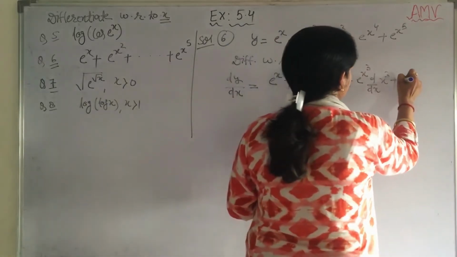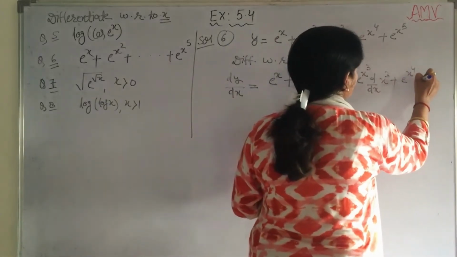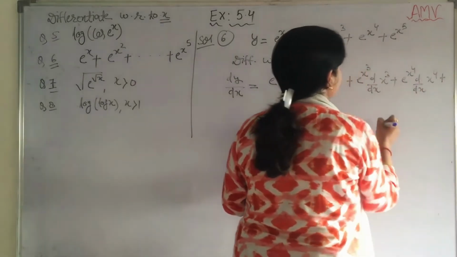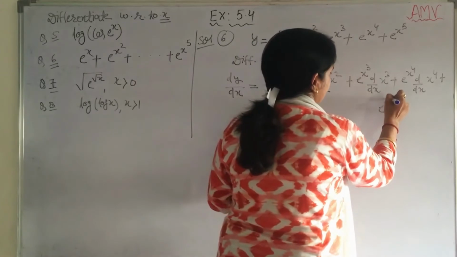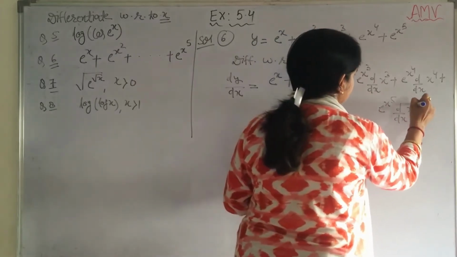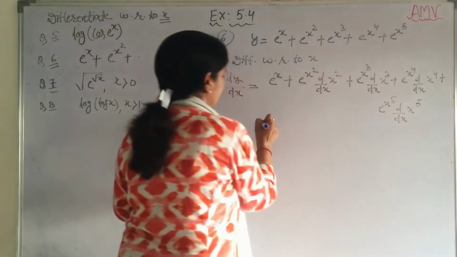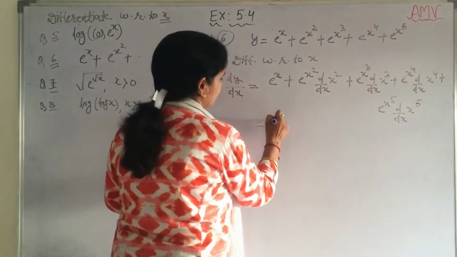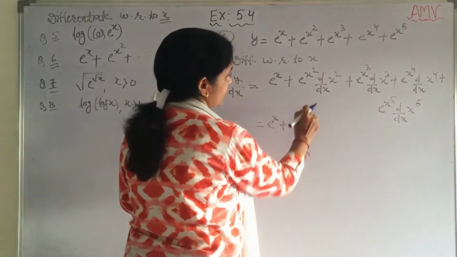Same as here, e raised x⁴ and here d by dx of x⁴ plus e raised x⁵ and here d by dx of x⁵. Okay. And in the next step, e raised to x, right, as it is here.